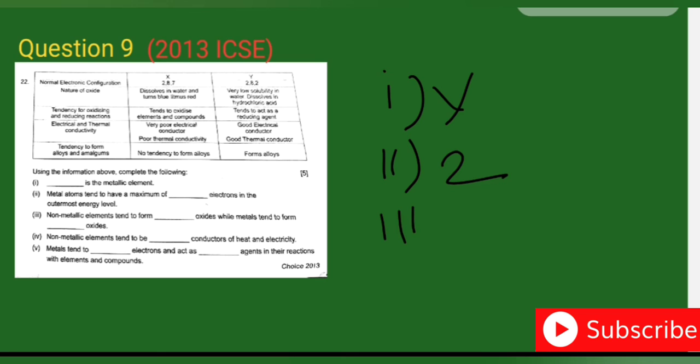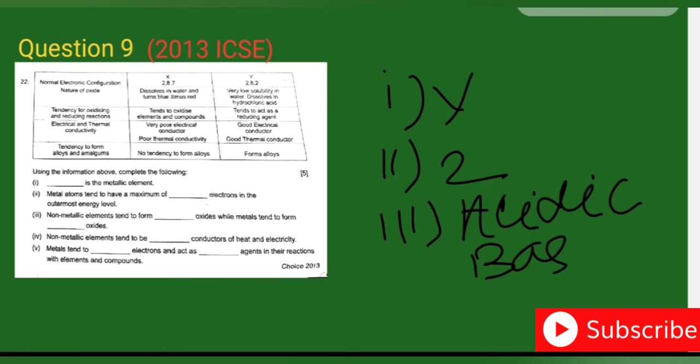Non-metallic elements tend to form dash oxides, while metals form dash oxides. Non-metals generally form acidic oxides, while metals form basic oxides. Non-metallic elements tend to be dash conductors of heat and electricity. They are generally bad conductors of heat and electricity.